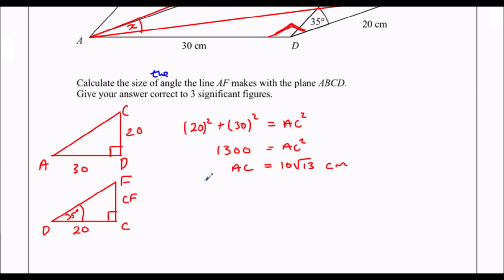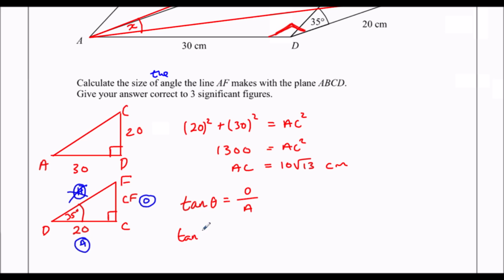So we can use SOHCAHTOA. We've got a right angle triangle, and we've got one angle and one length we know, so we can use SOHCAHTOA to find another length. So we have the opposite, which is CF, the adjacent, which is CD. With the hypotenuse we're not using, so we want O and A, so that's TOA. So tan theta, tan with the angle, is the opposite divided by the adjacent.